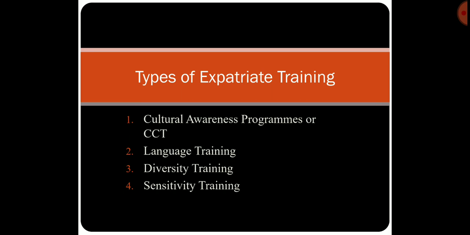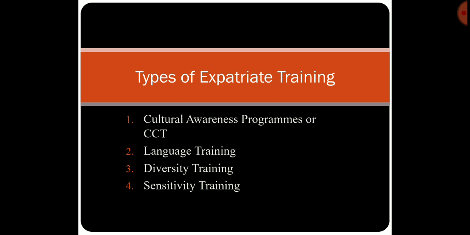Next, we will discuss types of expatriate training. The first type is cross-cultural training or cultural awareness program. The main aim of this training is to familiarize the expatriates with and train them to adopt the host country culture. When employees go for international operations, they may face cultural barriers.